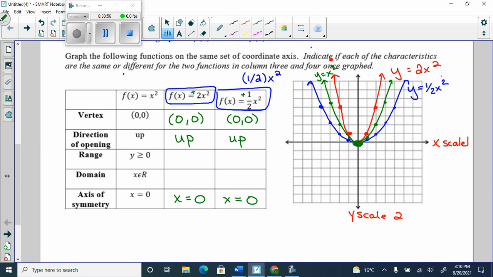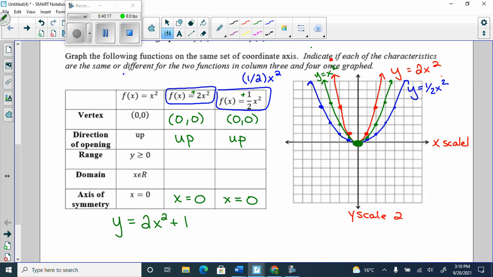We're not here yet, but I'm going to make you do it anyways because we're on a practicing situation. So you're going to type into your calculator y equals 2x squared plus 1. Go. So you're going to go to your y equals and you're going to clear that bad boy out. We're going to press clear.